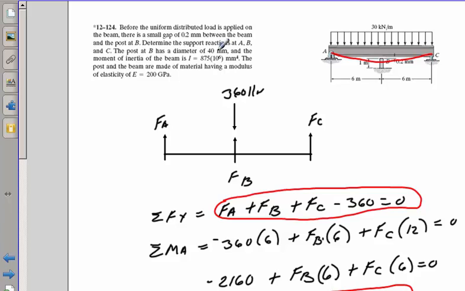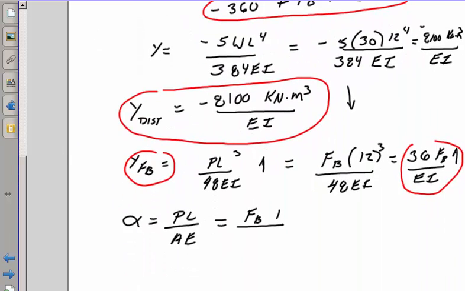Diameter of 40 millimeters. So we'll do pi r squared, or pi d squared divided by 4. So we'll do pi times 0.004. Hang on, I got too many zeros in there.